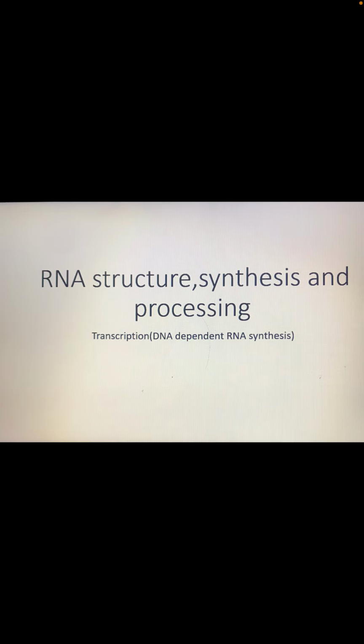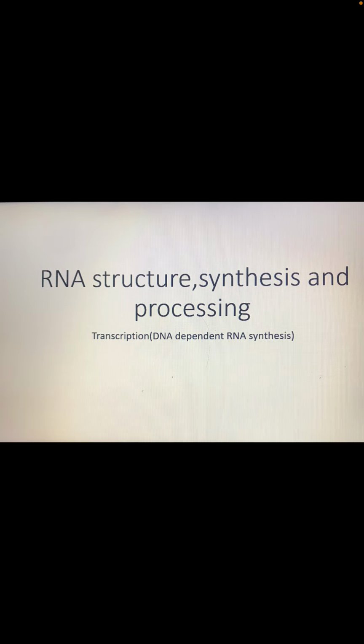But these processes differ in several important ways, including: first of all, ribonucleotides are used in RNA synthesis rather than deoxyribonucleotides. Secondly, uracil replaces thymine as the complementary base pair of adenine in RNA.